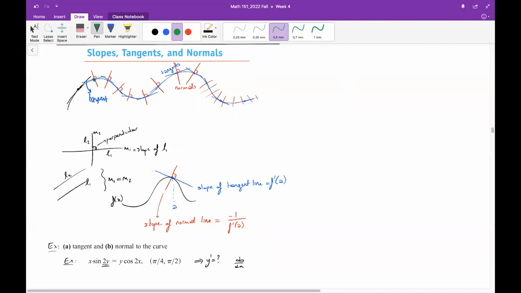Let's indicate the point with green. And the red one, which is perpendicular to the tangent line, is called the normal line. So tangent line and normal line are always perpendicular to each other. You can see the same situation here. At any point, this applies. The blue one is the tangent line and the red one is the normal line.